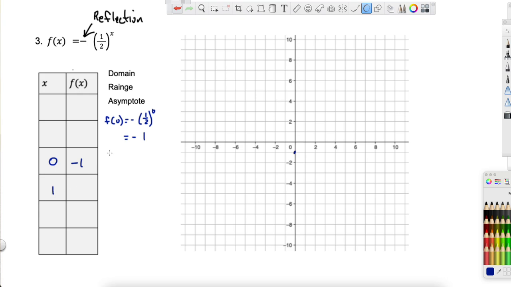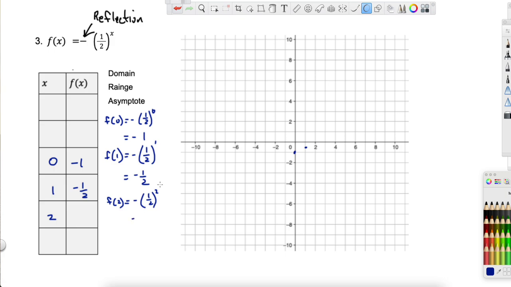Let's try 1. -1/2 to the first power. So 1/2 to the 1 is 1/2, and then we make it negative. So at 1, we're at -1/2 right here. Okay, over 1, down 1/2. So 2: -1/2 to the second power.